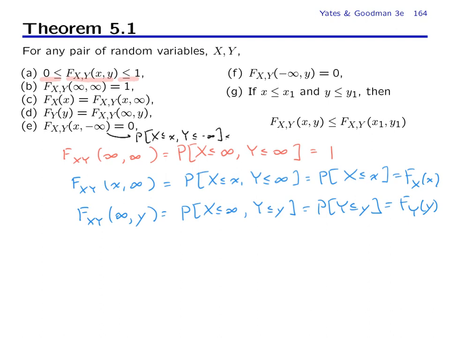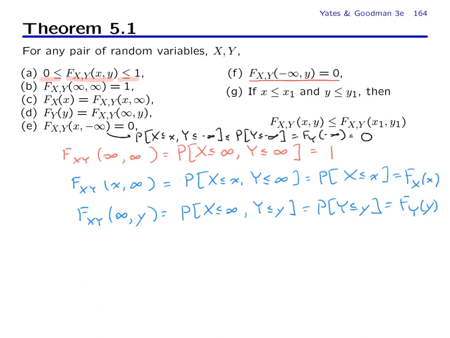But this is contained in the event that y is less than or equal to minus infinity, and that's equal to the CDF of y at minus infinity, which is 0. So in fact, if either little x or little y is minus infinity, then the joint CDF is 0. We handled the little y case in property E, and we see the exact same thing with the role reversal of x and y in property F.